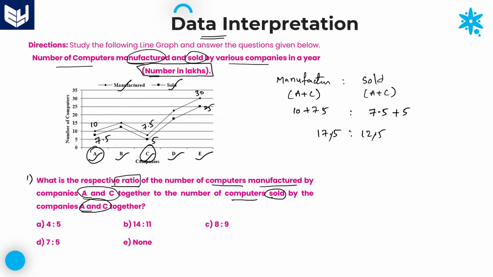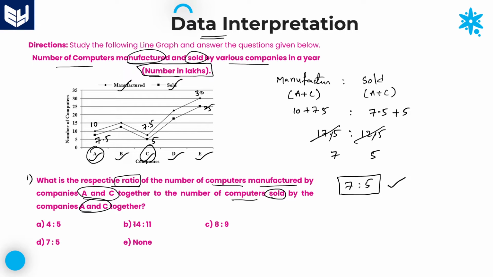Now you just cancel with the 25 table. 25 sevens are 175. 25 fives are 125. Therefore, the required ratio of the number of computers manufactured from companies A and C together to the number of computers sold from the same companies together is 7 is to 5. 7 is to 5 is the right answer for this question.